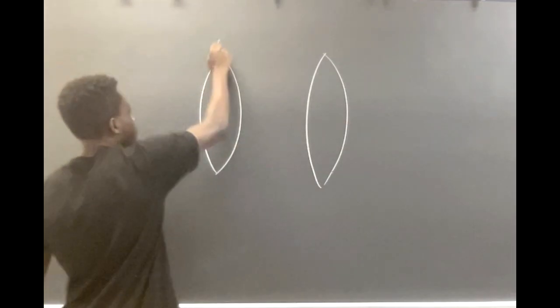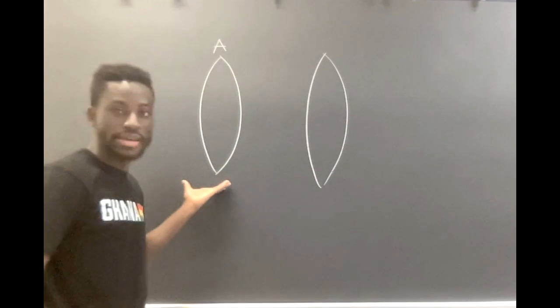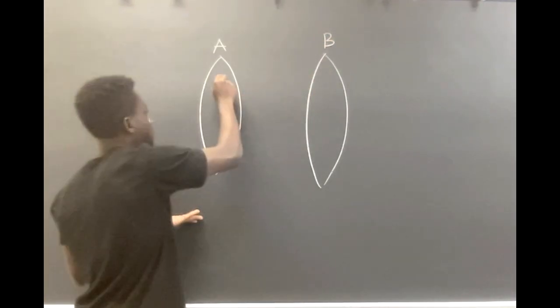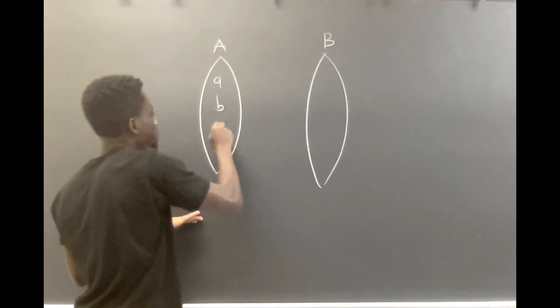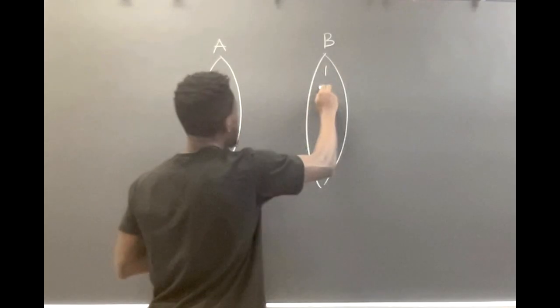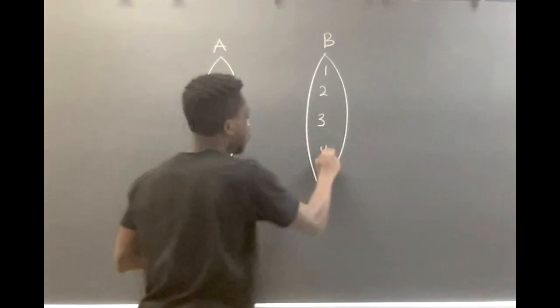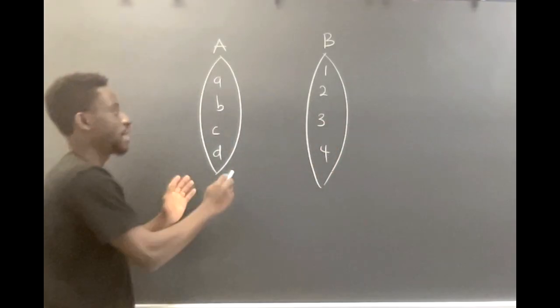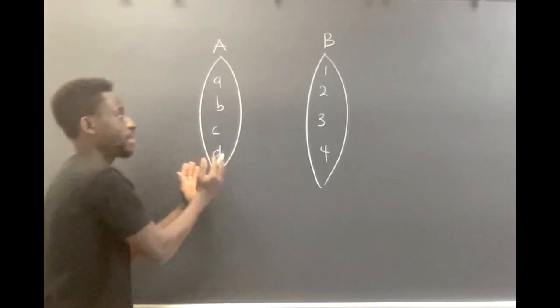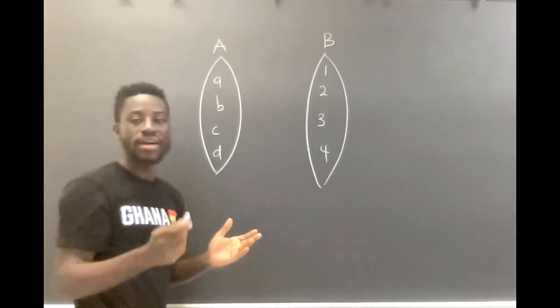If I have this representing set A and this representing set B, if set A has elements A, B, C, and D, and set B has elements 1, 2, 3, and 4, whenever there's an association or a connection between the elements of set A and the elements of set B, we have a relation.